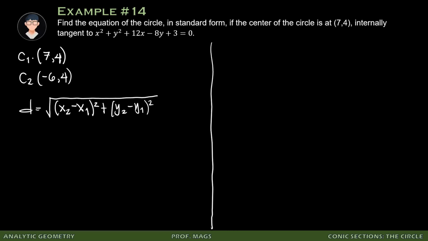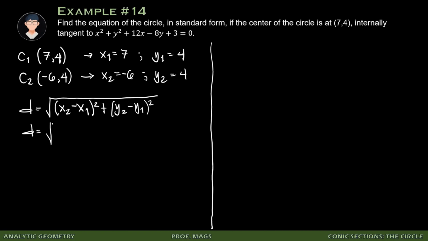Okay. Since C sub 1 yan, our x sub 1 will be 7. Our y sub 1 will be 4. C sub 2 naman to. So, x sub 2 natin ay negative 6. Y sub 2 naman natin ay 4. So, after that, we're just going to plug in these values to our formula.